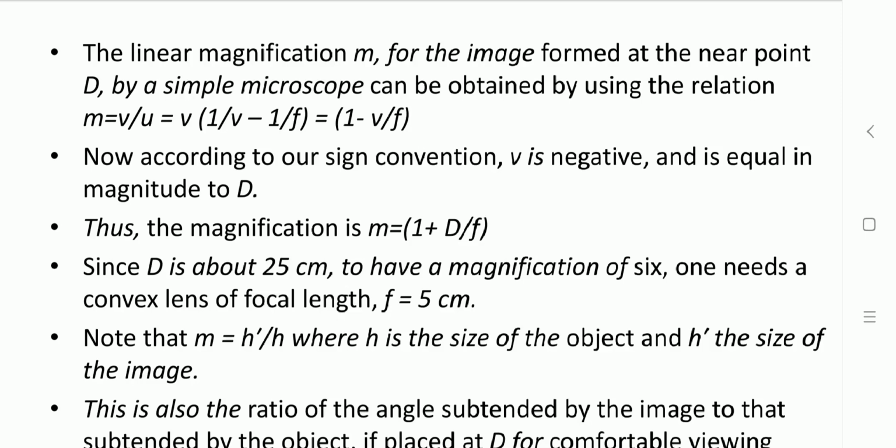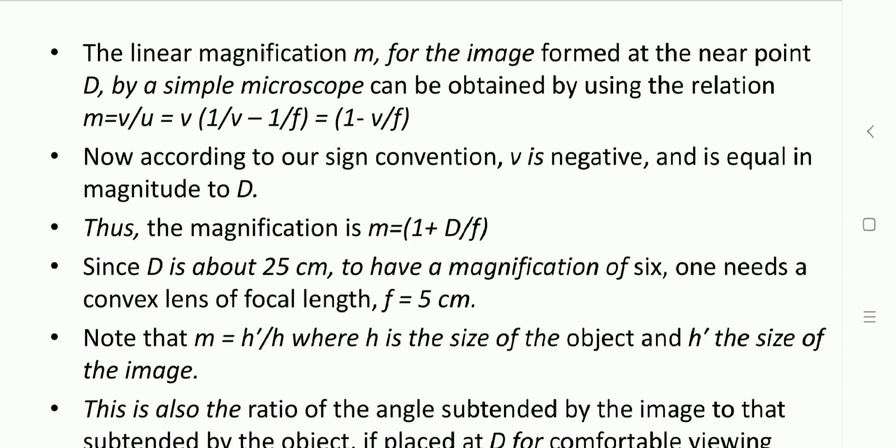Now if we apply the sign convention, V is negative and equal in magnitude to D. So M equals 1 plus D by F, where D is the distance shown in the diagram.